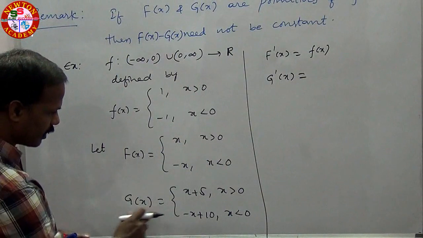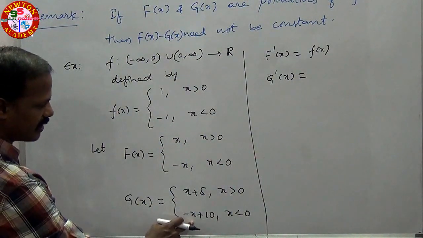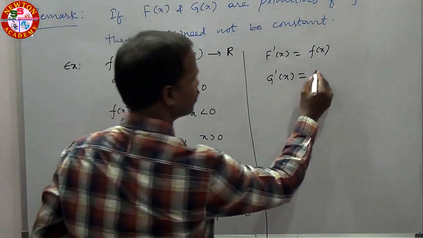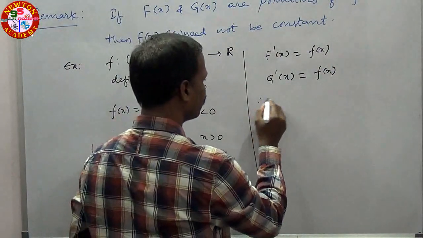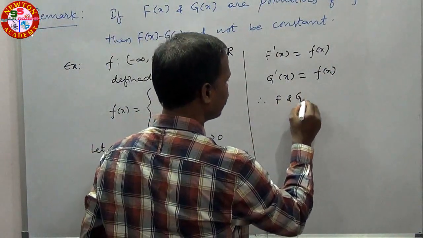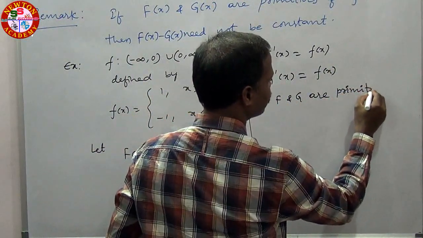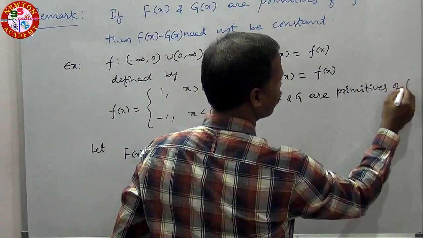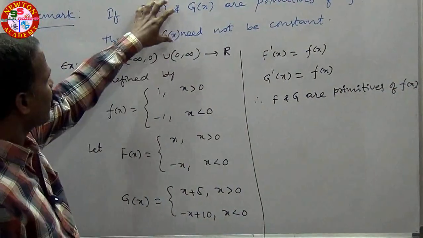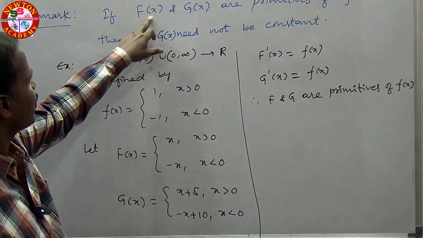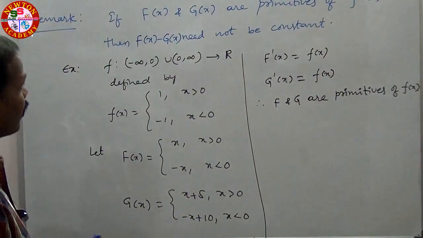The derivative of this one is 1 for x greater than 0, minus 1 for x less than 0. So this is also small f of x. Therefore F and G are primitives of f of x. According to our remark, the condition is satisfied.